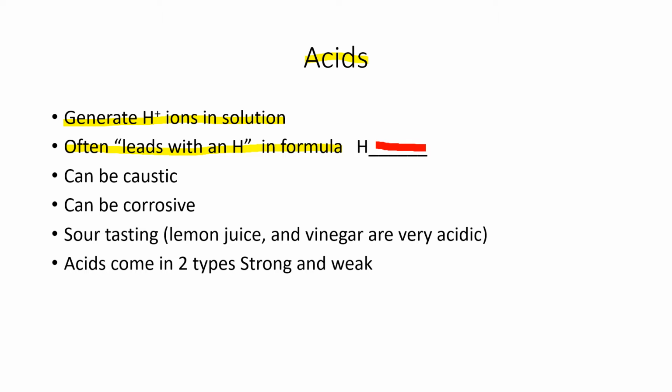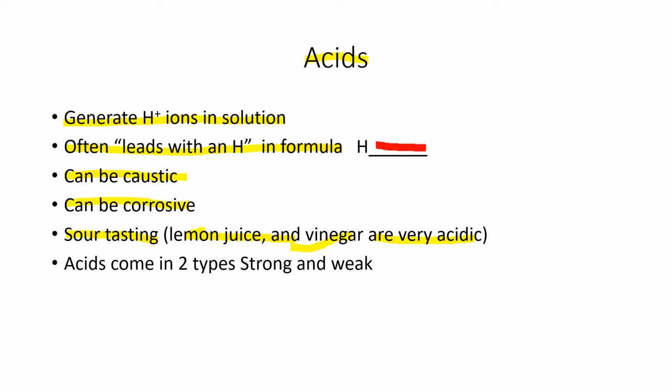We're familiar with some of the properties of acids. Depending upon the acid and the concentration, they can be quite caustic and corrosive. We're also familiar with some of the acids in our foods. Generally, things that are sour tasting to us, things like lemon juice and vinegar, are sour because those things are very acidic. Even things that we don't normally associate as being extremely sour can still be very acidic though.